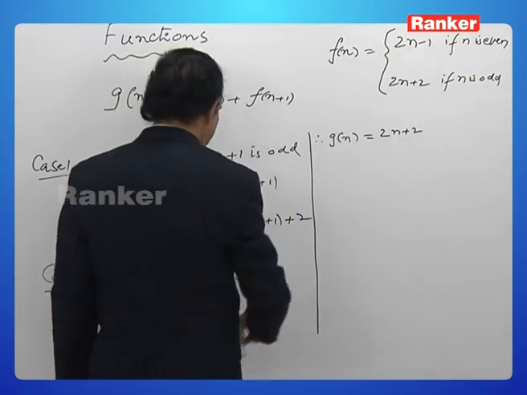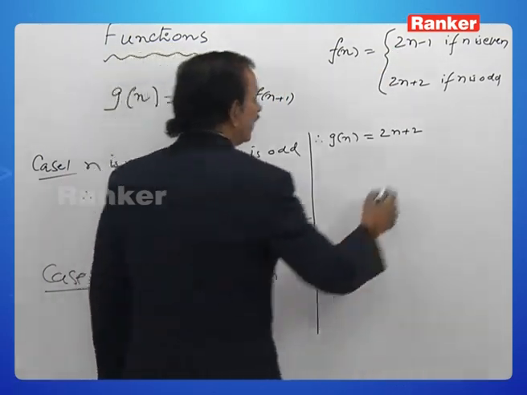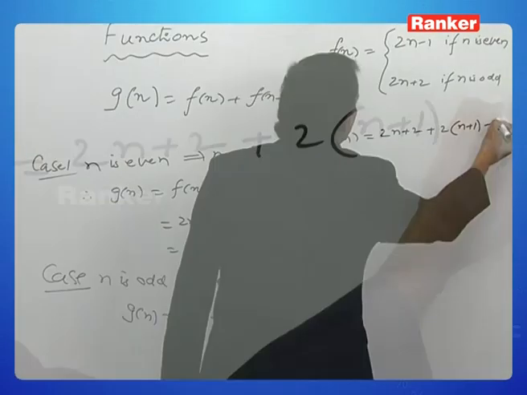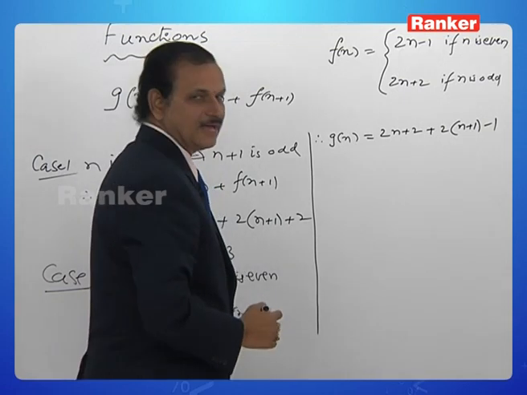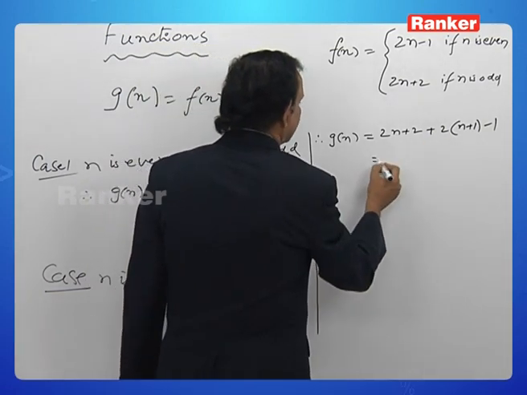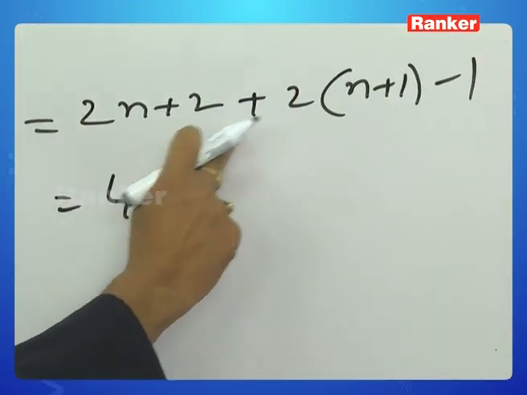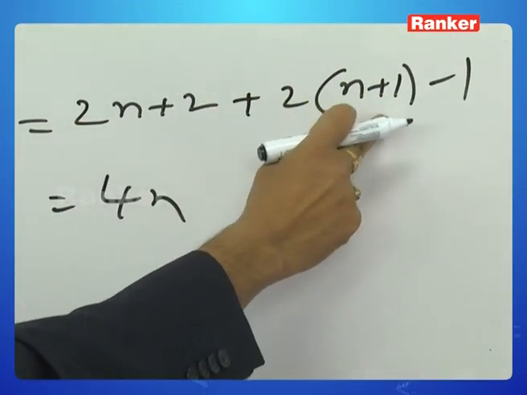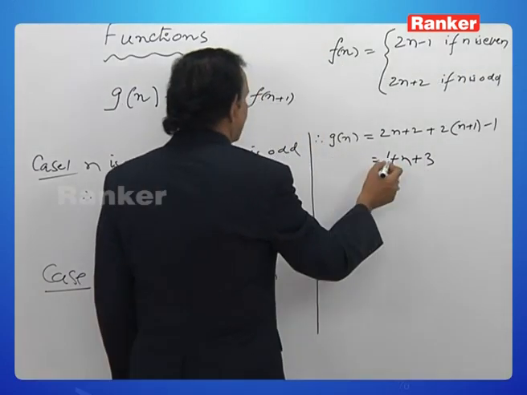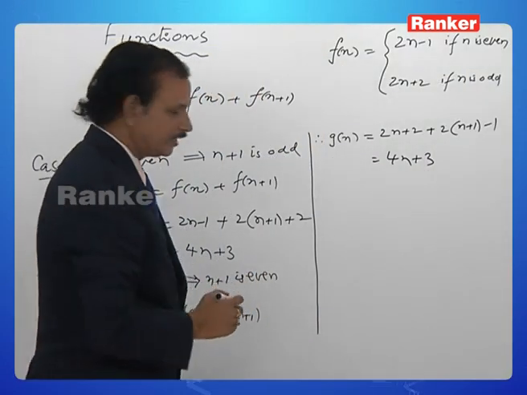Here, in the place of n, we are supposed to have n plus 1. Have it plus 2 into n plus 1 minus 1. Let us calculate it once again. 2n, 2n, altogether 4n, 2, 2 ones are 2, 2 plus 2, 4, 4 minus 1, 3, 4n plus 3. Therefore, g of n is equal to 4n plus 3.